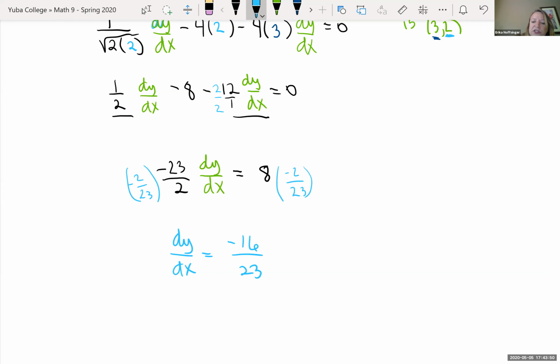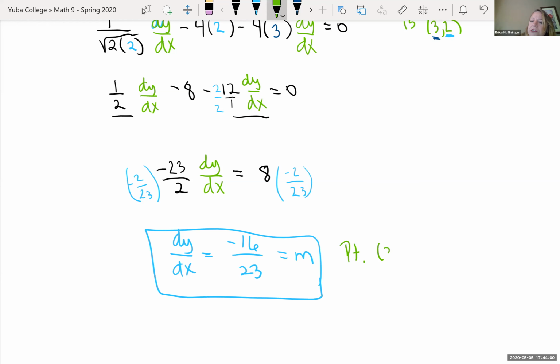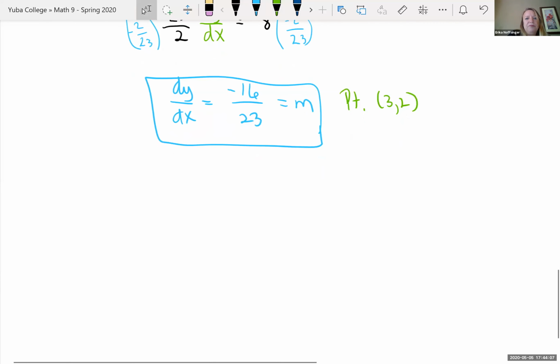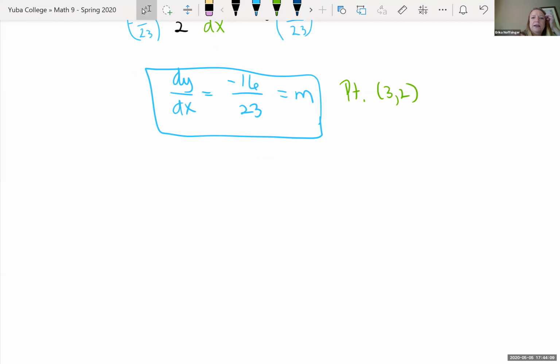So this is the slope of our tangent line. And we had our point that we're given at (3, 2). So for the equation of the line, we've got to figure out what our b value, our y-intercept, is. So if we plug things back into y equals mx plus b, we can solve for b.